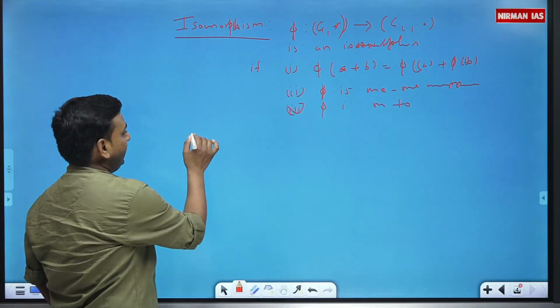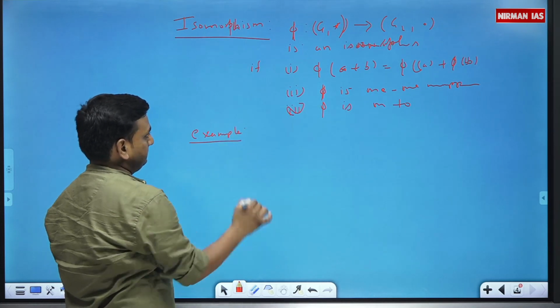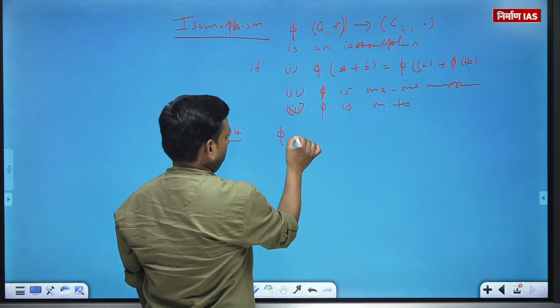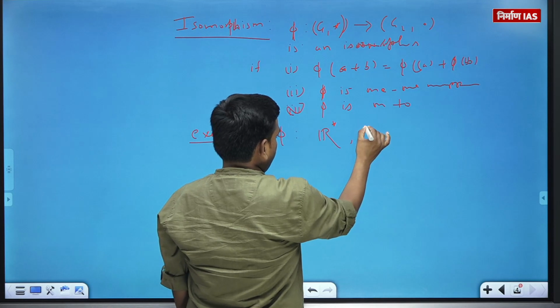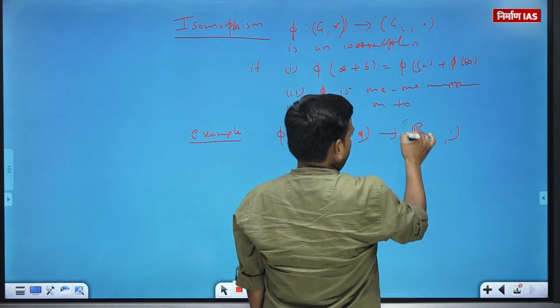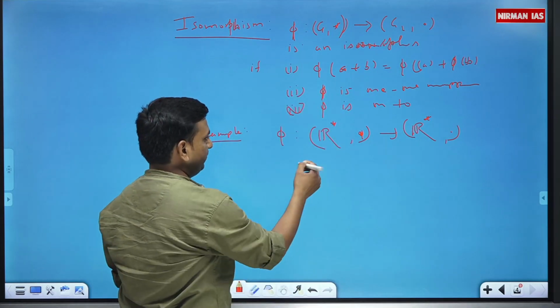So let's take an example. Suppose that R star with respect to usual multiplication to R star with respect to usual multiplication. Same groups you can take, no problem.